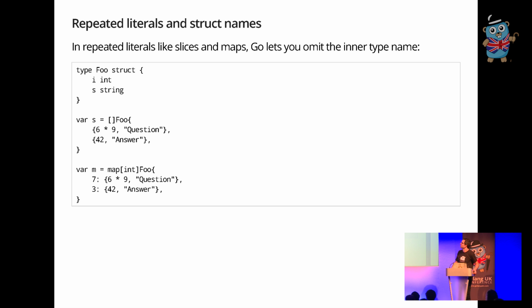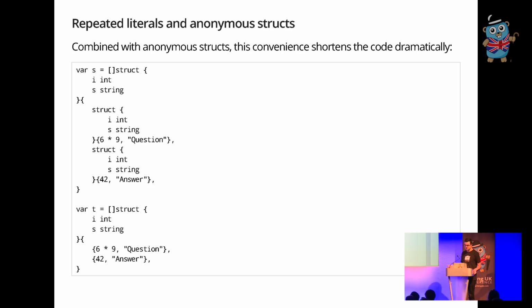Go also lets you omit the type name when you have repeated literals like slices and maps. In this case, I have this struct foo again, but where I have a slice of foo, I can list out each of the structs without putting foo at the beginning, and that works. When you combine this with anonymous structs, it makes it much easier.